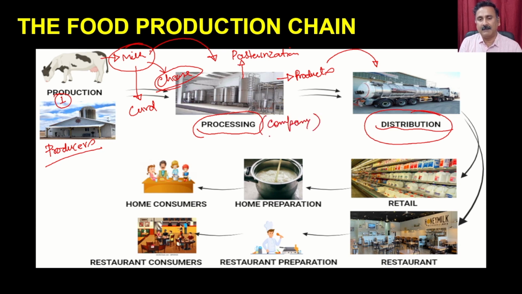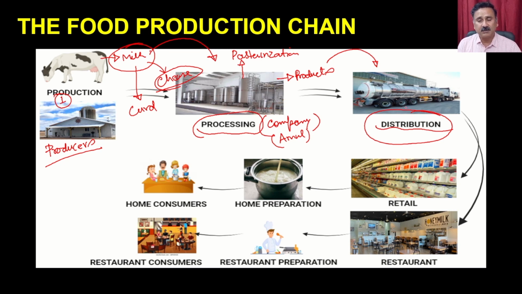And from the company, for example, Amul, right? So if you go to the Amul processing unit, they will take the milk from all the farmers, and then the milk will go into the processing unit. And then from the processing unit, you can have different types of products like butter, cheese, curd, and all those kinds of things. And then they will enter into the distribution.